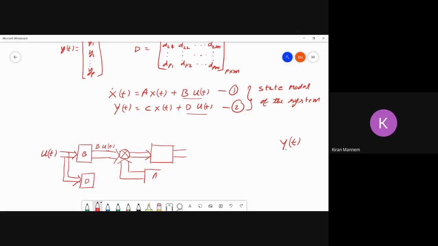So this must be A, and this input must be x of t, so that I get here the summation of A into x of t and B into u of t. Okay.